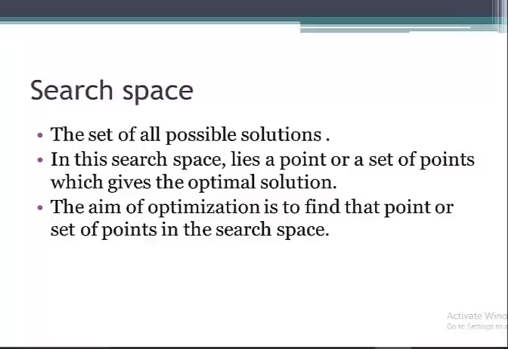So for any given problem there can be lots of solutions available, and all these solutions are called the search space, but we have the objective of finding the optimal solution, which is the best solution. And remember that the best solution always lies inside that search space.